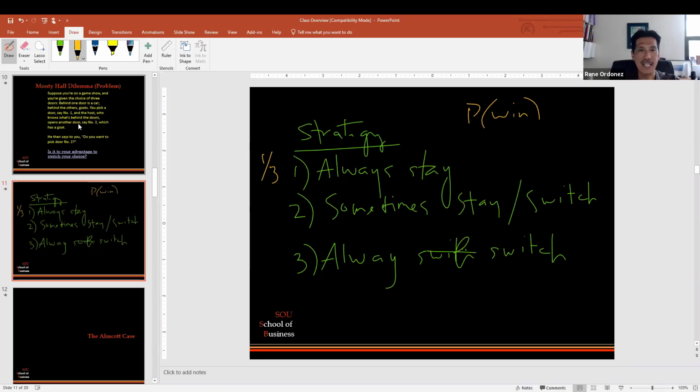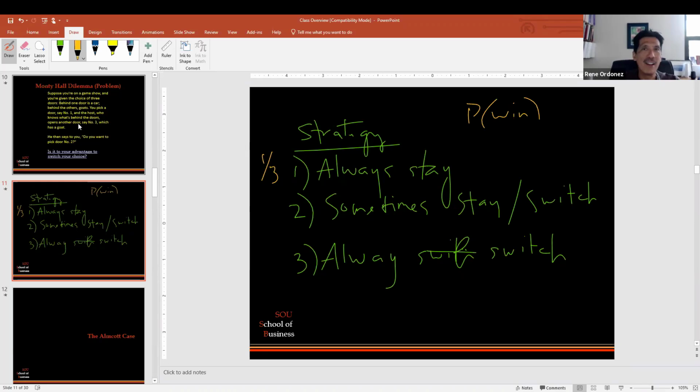What's the probability of winning if you sometimes stay, sometimes switch? Is it going to be better than 1/3? I think so, but I don't know why. Yes, it does improve. By how much?